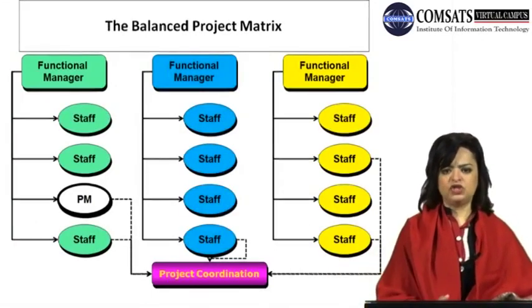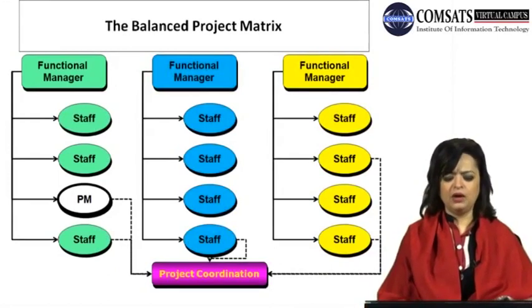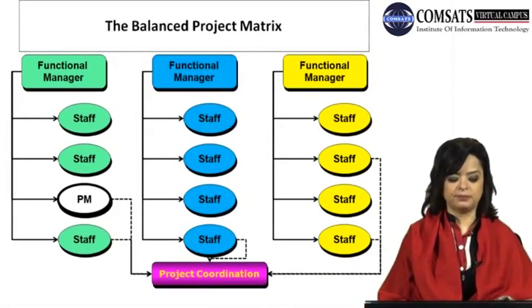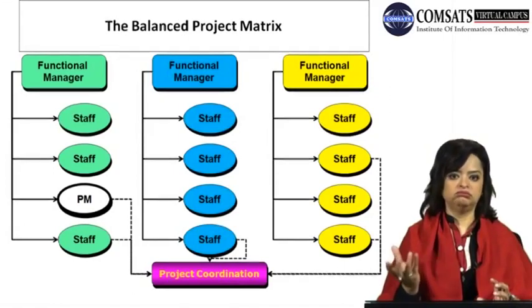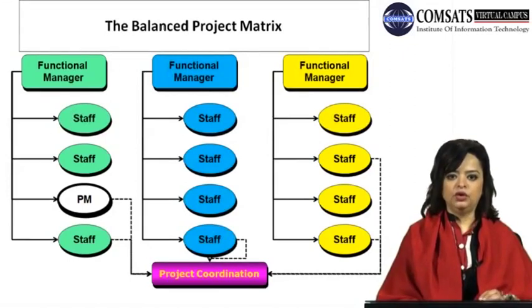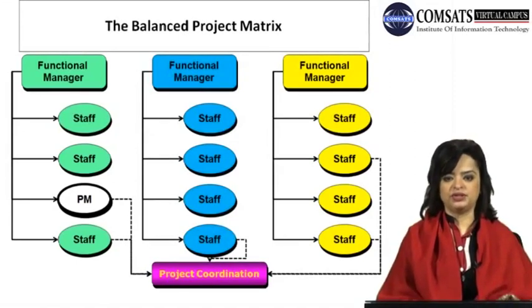Let's look at what this balanced project matrix is. Now let's look at 3 situations. There are 3 functional managers. The project manager has been assigned. So if you start thinking of the creation of a lab in a typical hospital, you were the admin staff or the administrator of hospital operations.